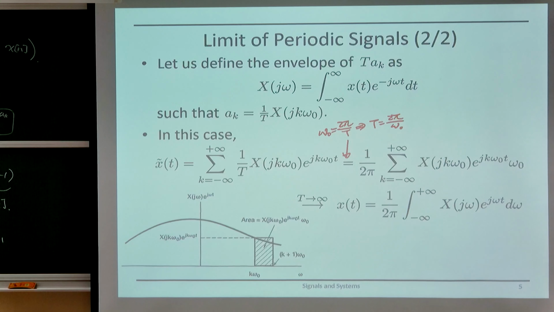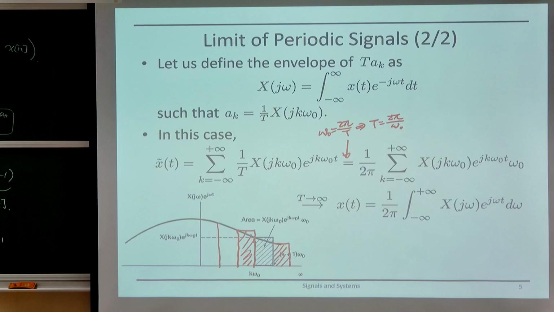So for k plus 1, you get this area here. And then for k minus 1, you have this region here.